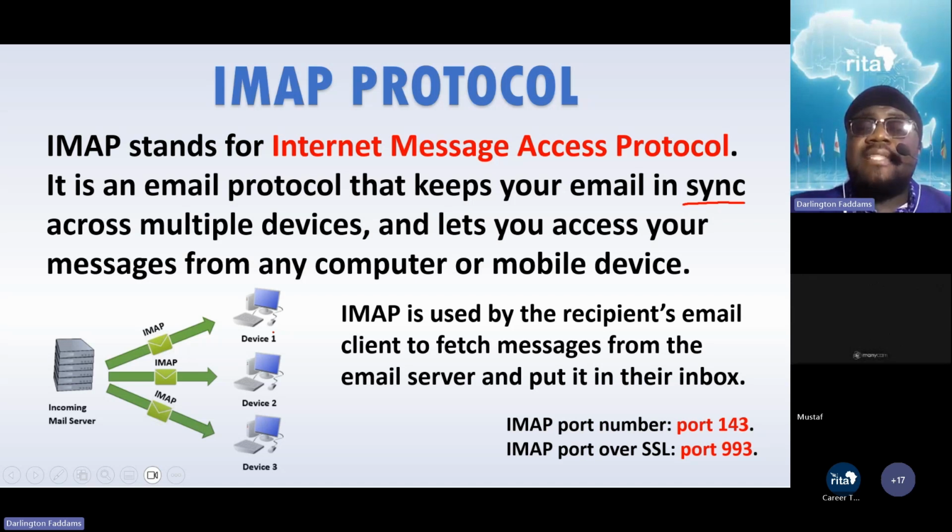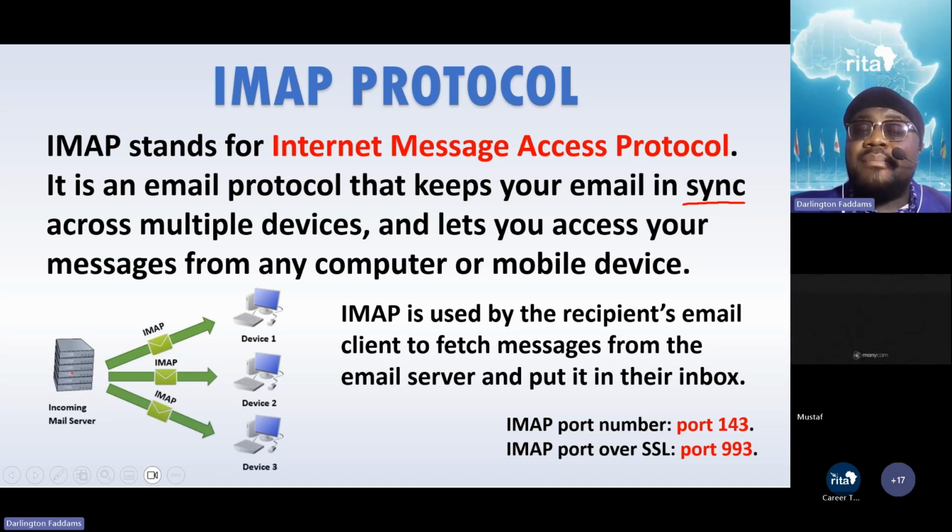But IMAP maintains a strong link with the server. This means that when you see the message in your inbox and you click on it, it needs an internet connection to log on to the server in real time for you to read the message. Right now, I'm explaining how IMAP works already.